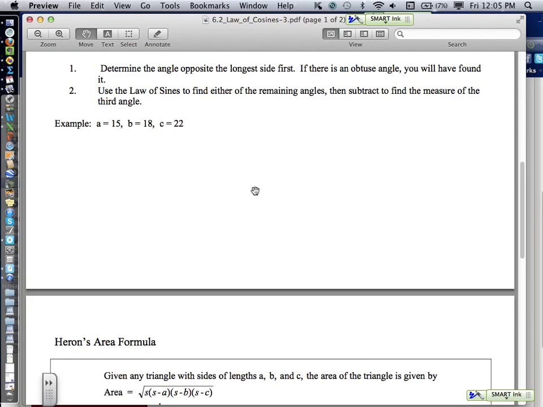So I can just draw kind of a little diagram. I have 22 and maybe 18 and maybe 15 comes off, something like that. So here's A equals 15, here's C equals 22, and here is B equals 18.